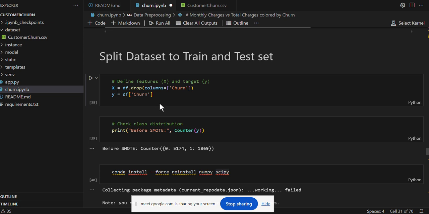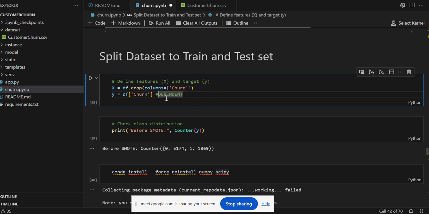Whether a customer is going to churn or not churn is dependent on the other attributes. Correct that thing, please. It's dependent there.